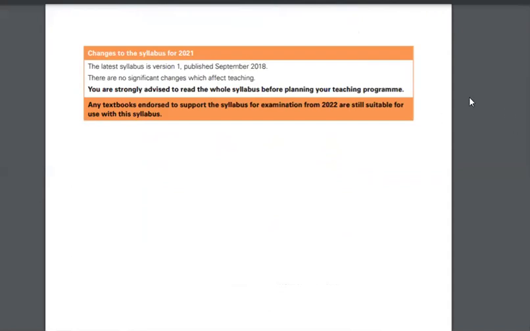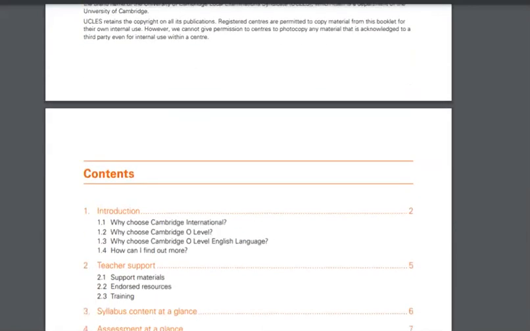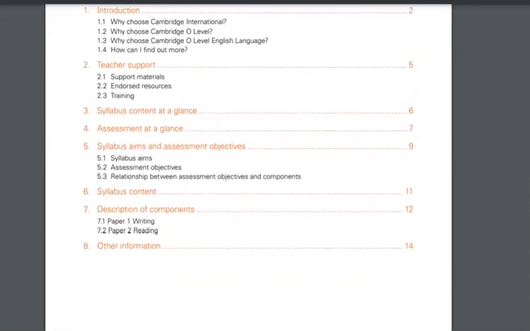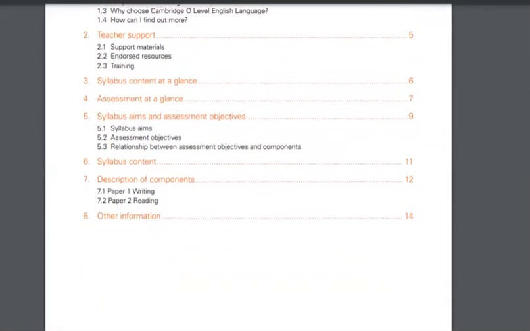And our school already uses the suitable endorsed textbooks which support the syllabus for the examinations all the way till the year 2022. Here we have the list of contents, out of which the most relevant I will cover with you in today's session.